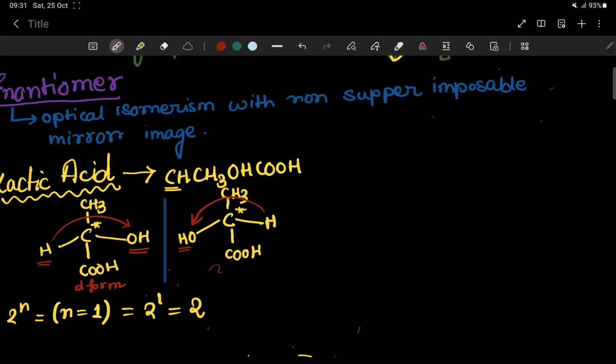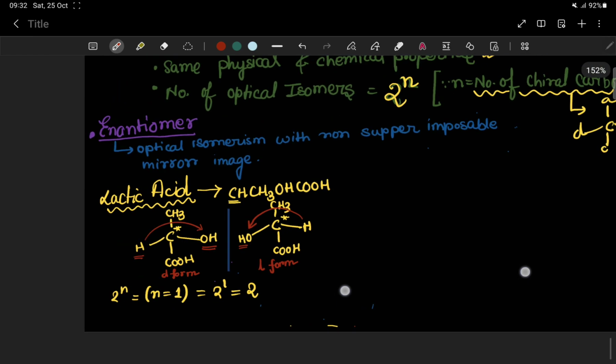I'm just giving you the examples of these optically active compounds, and then I will let you know how to see the configurations. This is our L form, levorotatory form, because this is in anti-clockwise direction. This is our lactic acid.